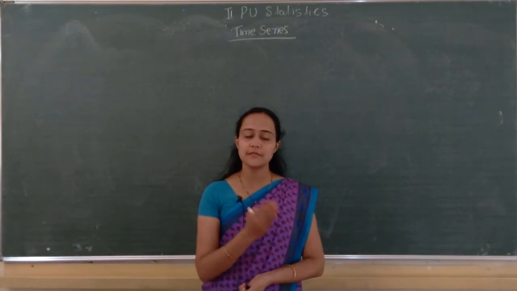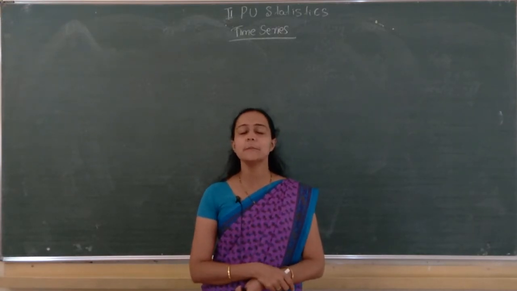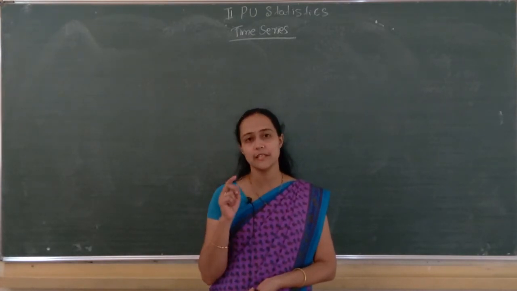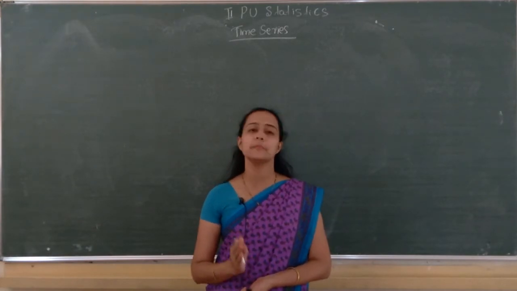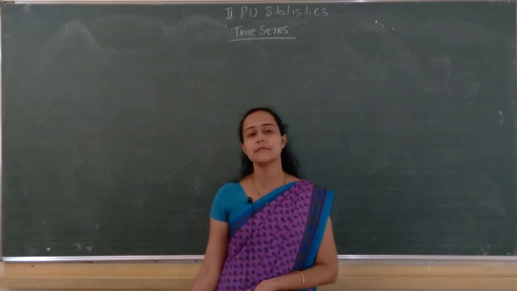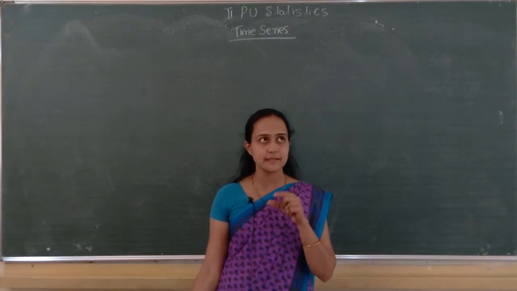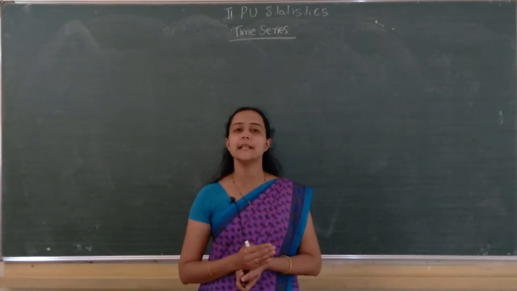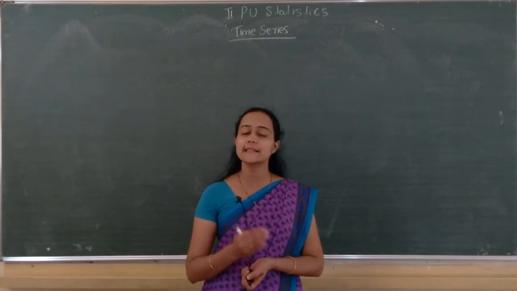The only difference between the first one and the last one is in the x values; all other procedure is the same. If the number of observations is odd, we take x values as minus 0, minus 1, minus 2, with a difference of 1. If the number of observations is even, we won't get an exact midpoint.